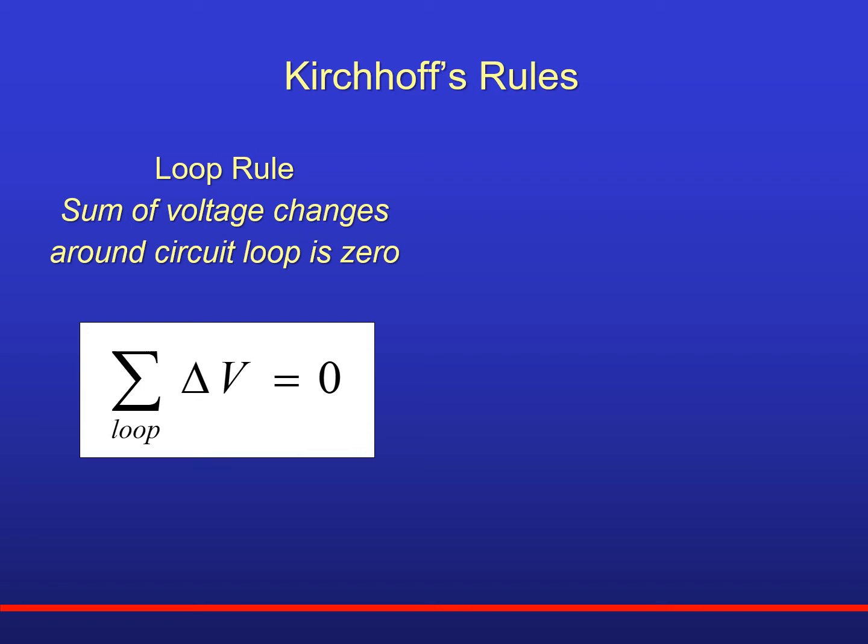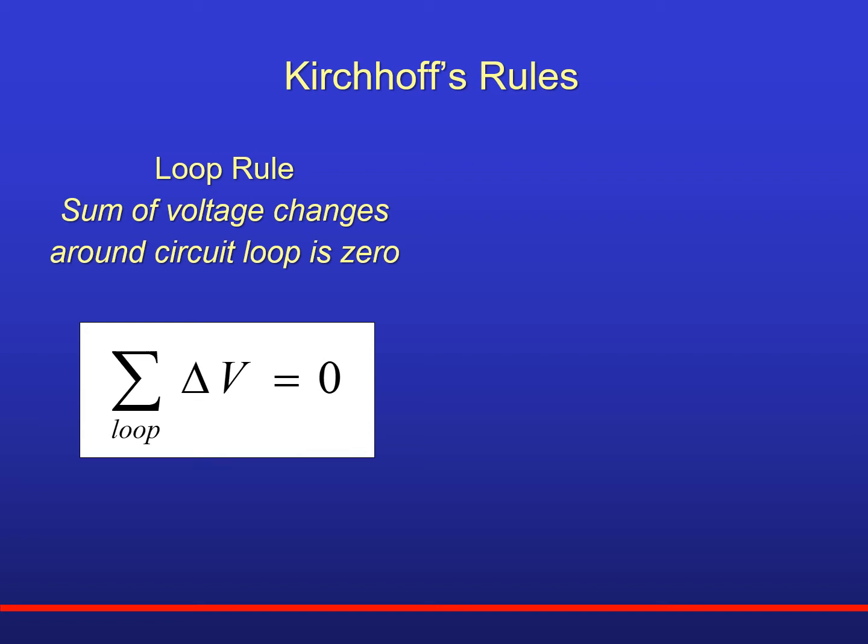Now, I want to point out a little subtlety here. A subtlety is a little thing to be aware of. You might ask yourself, could there ever be an exception to the Kirchhoff loop rule? Well, I will tell you. You'll see in later videos, later topics, you have a changing magnetic field.